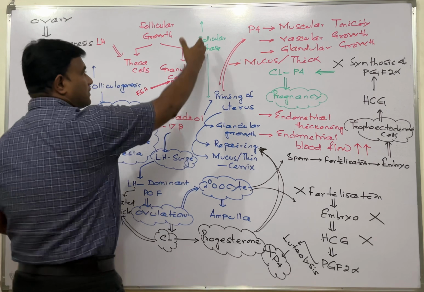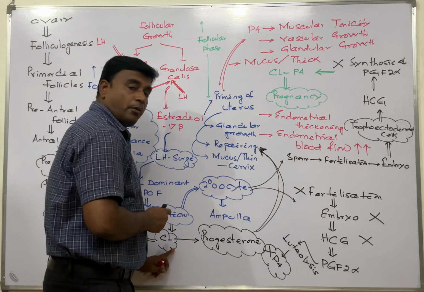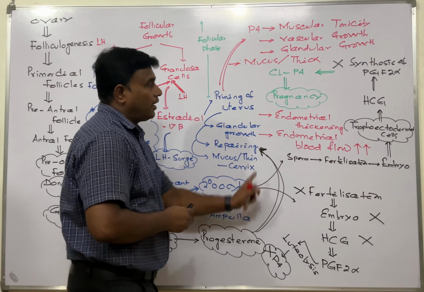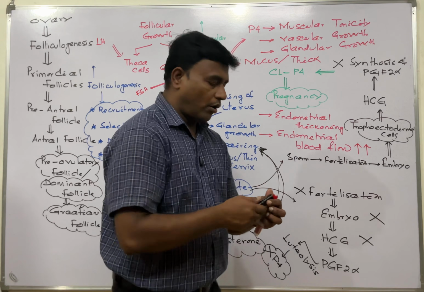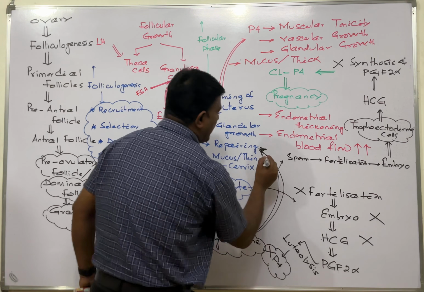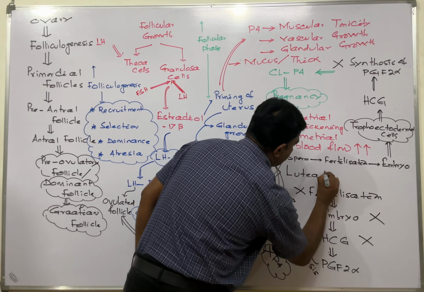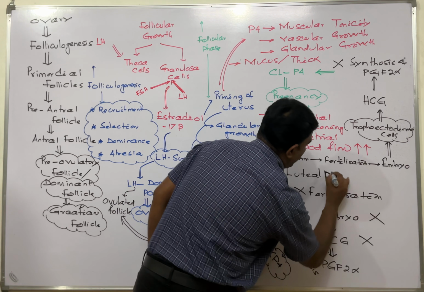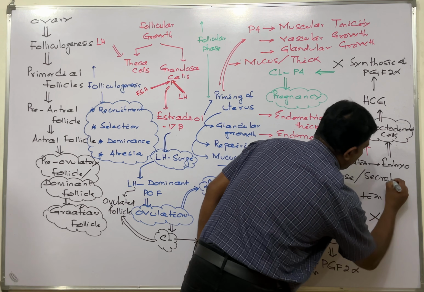So if this is known as the follicular phase, when there is a corpus luteum, progesterone is there, and this mechanism is there, then it is known as the luteal phase or the secretory phase. I can write here, this is the luteal phase. We'll explain by another flowchart, but yes, this is known as the secretory phase.